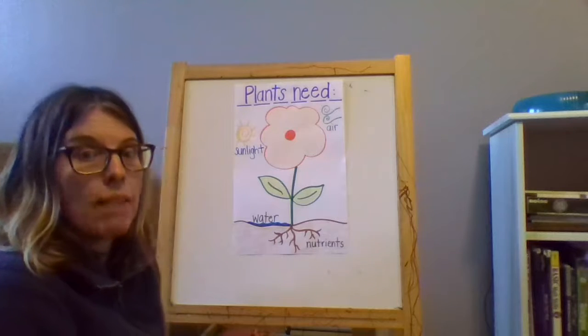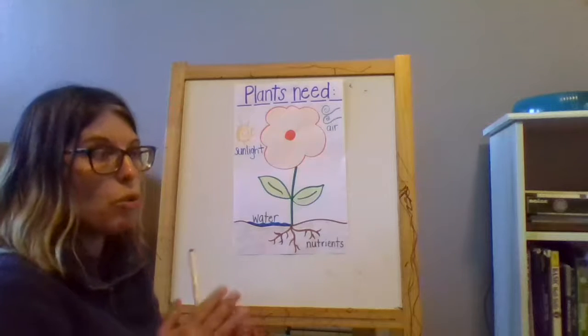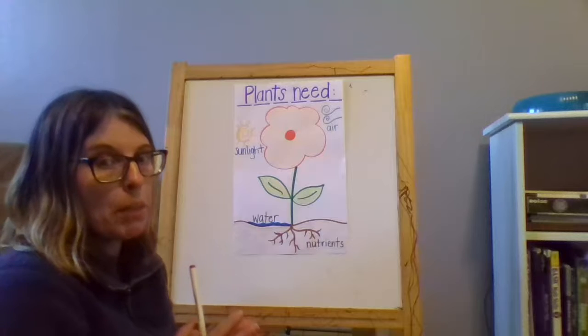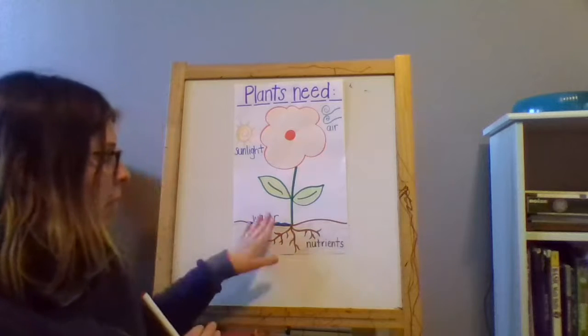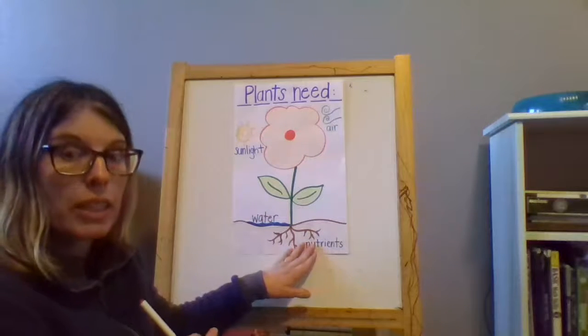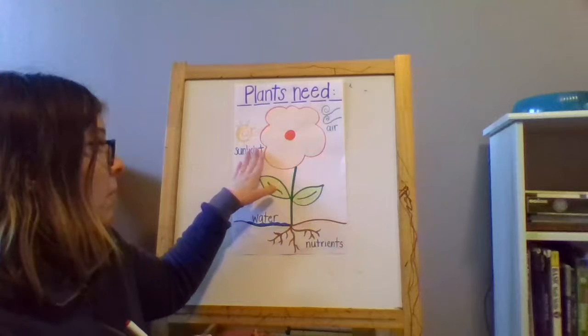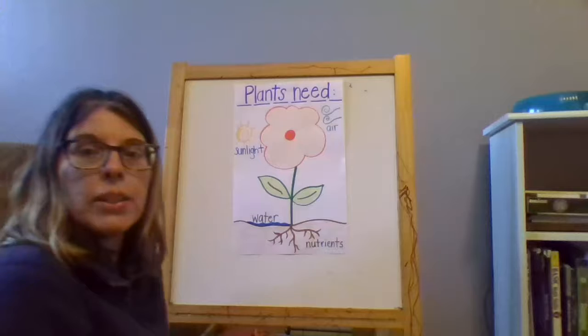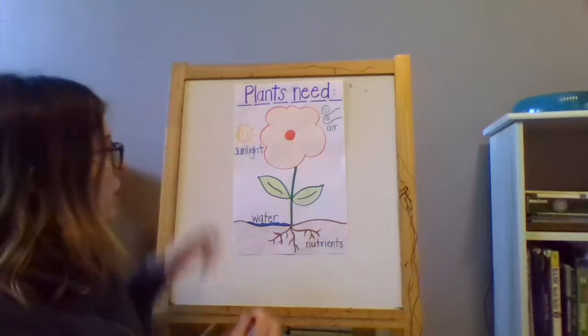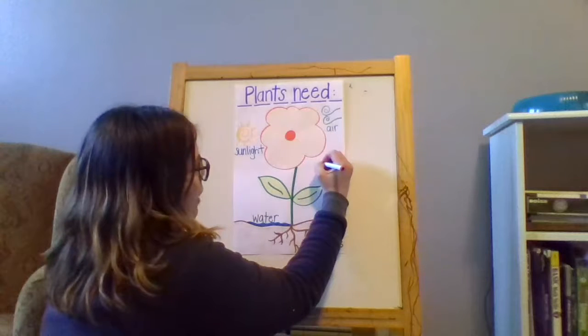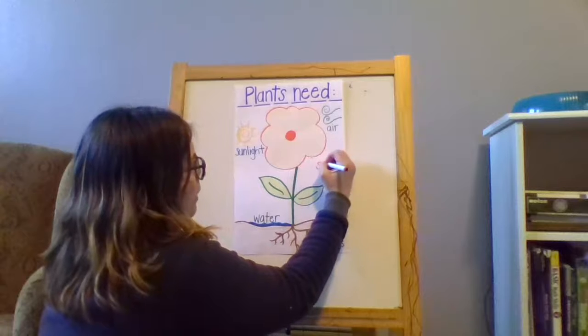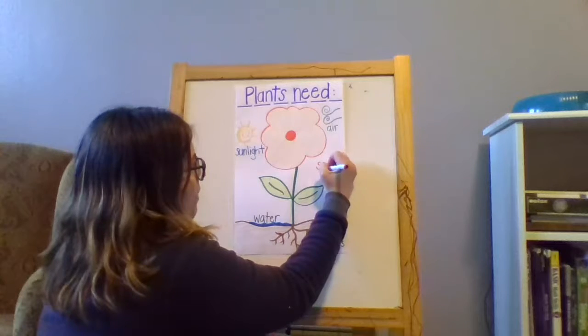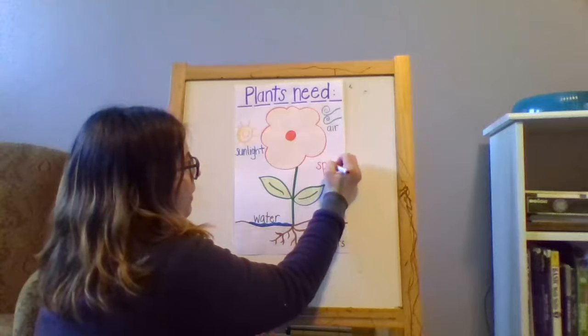If plants don't have space to grow, if they're too crowded, they won't all be able to survive because they'll be competing for the water and the nutrients, and probably even for the sunlight, because if there's too many, they won't get enough sunlight. So plants need space. So over here, just in this area, let's write the word space. If they don't have enough space, they won't survive.